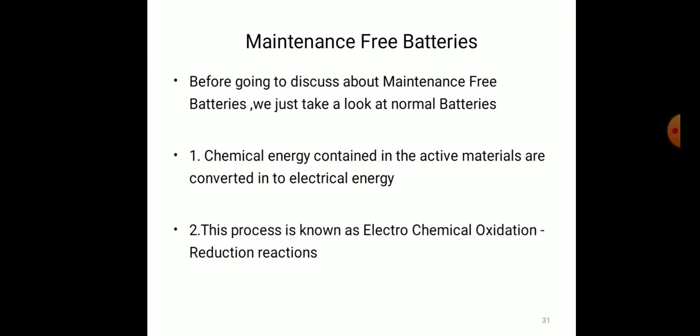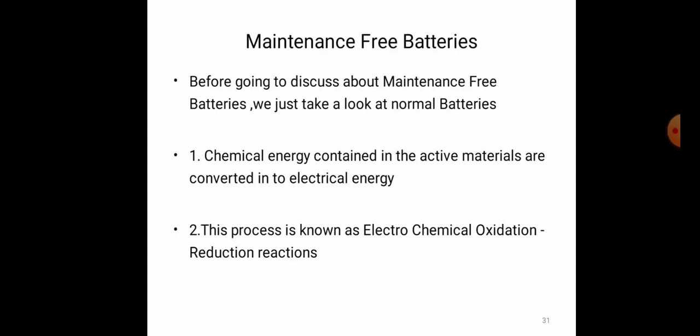What is the difference? The first point is that the chemical energy contained in the active materials is converted into electrical energy.